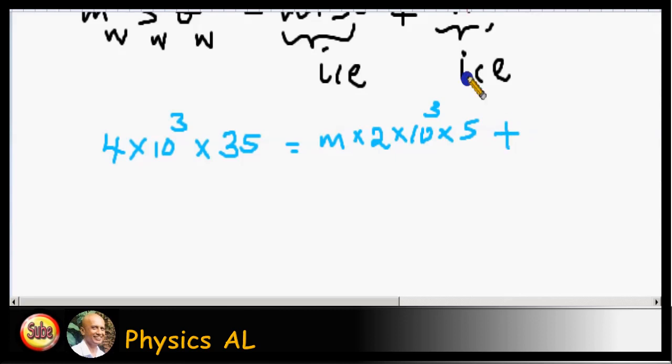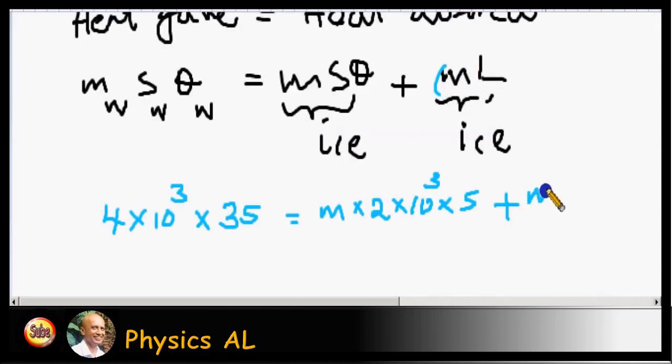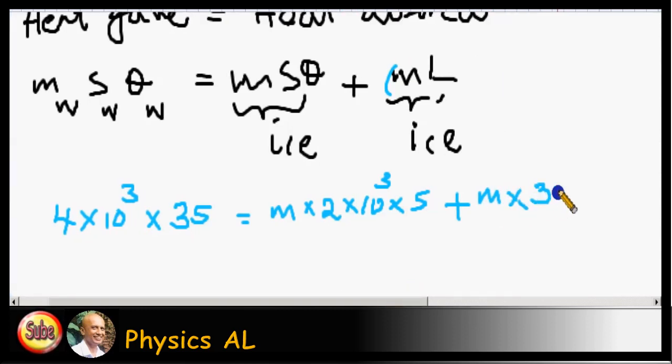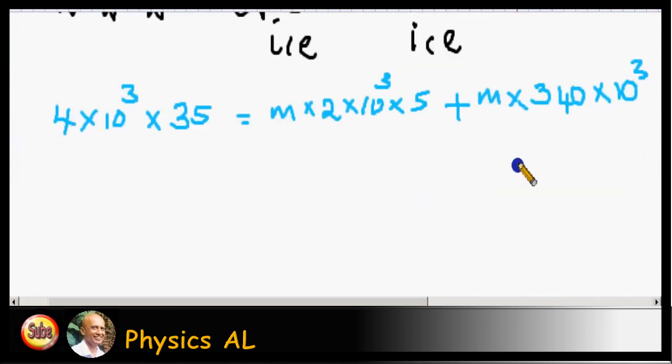Then plus m of ice, that's what we have to find out, times L, which is 3.4 times 10 power 5. Here 10 power 3, here 10 power 3, therefore I convert 3.4 times 10 power 5 to 340 times 10 power 3.